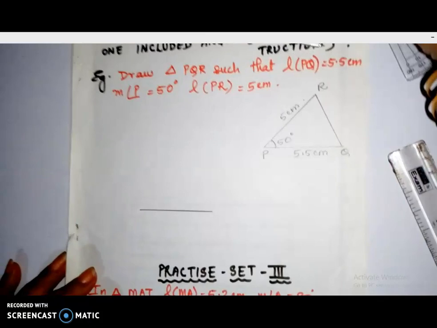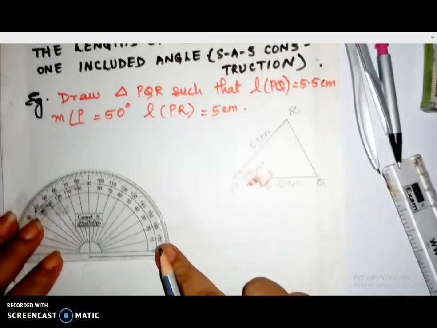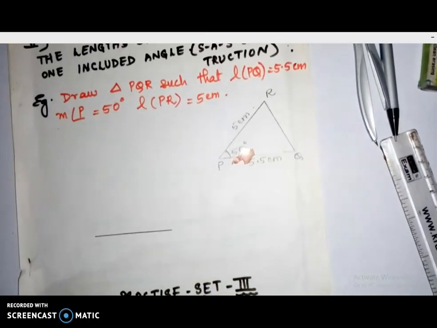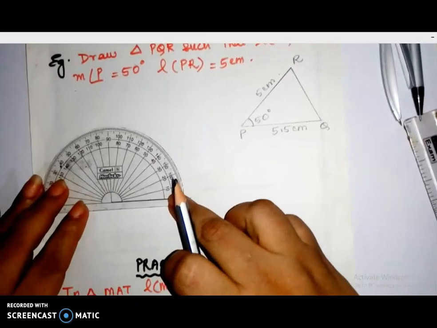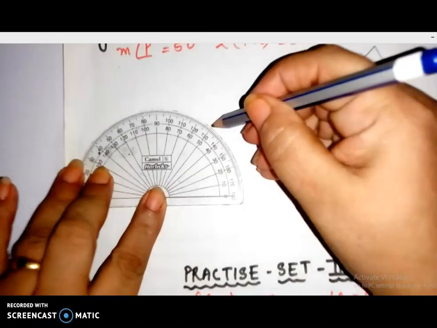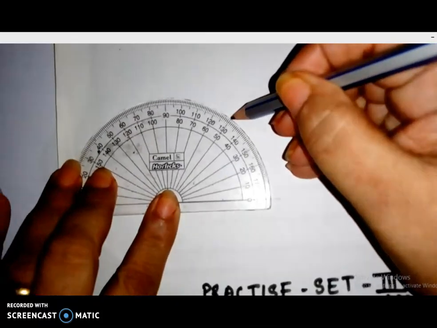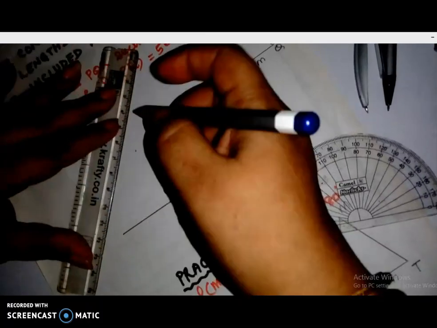Now with the help of the protractor, you will measure an acute angle that is 50 degree. So acute angle over here, 50 degree, and I will draw a ray from here.